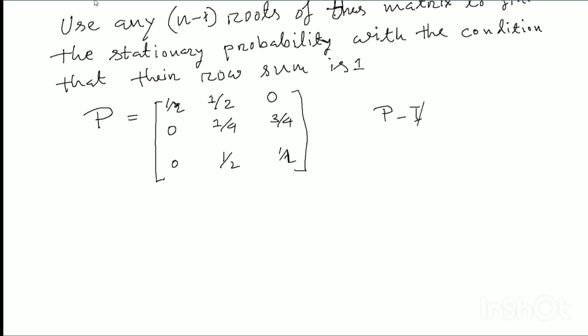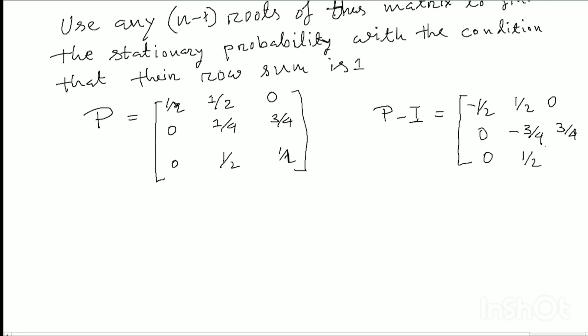So P minus I equals minus half, 0, 0, 1 by 4, minus 3 by 4, and half, 3 by 4, half, and 1 by 2, and minus 1 by 2. So this is my P minus I.